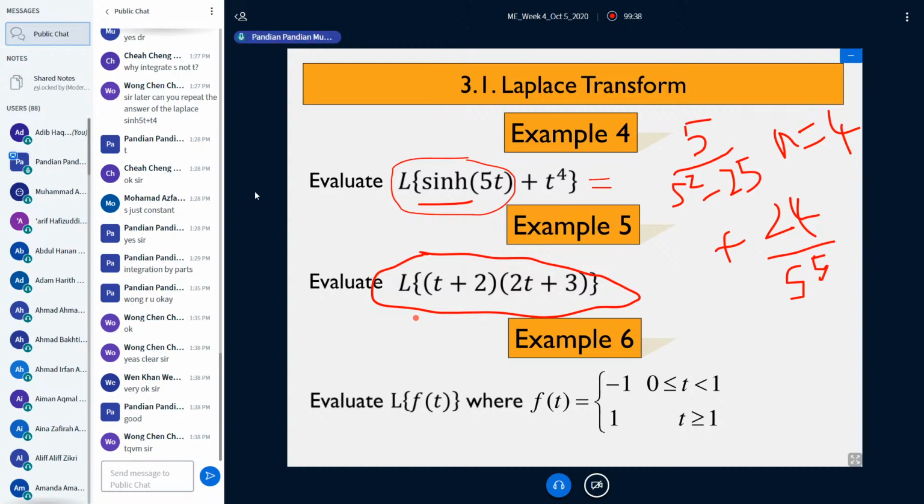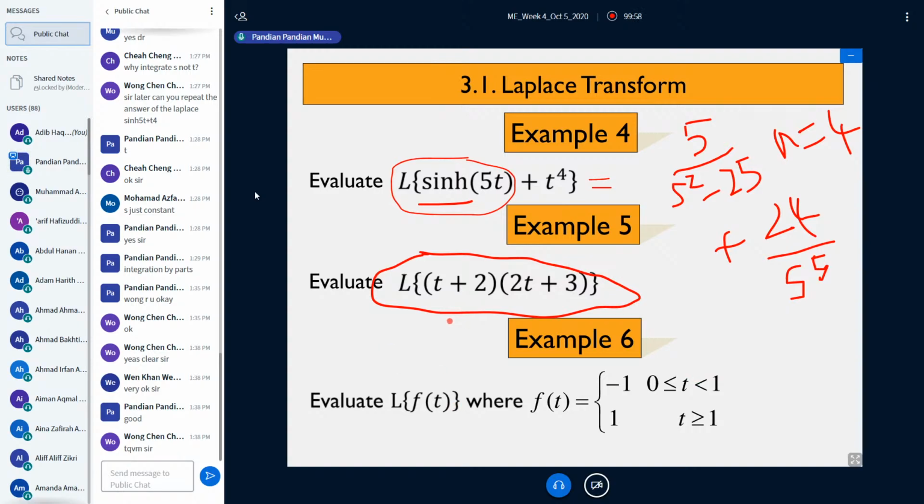Plus Laplace of 6 is 6 Laplace of 1. Laplace of 1 is 1 over s. So 6 multiplied by 1 over s, 6 over s. So the final answer is 4 over s cubed plus 7 over s squared plus 6 over s.